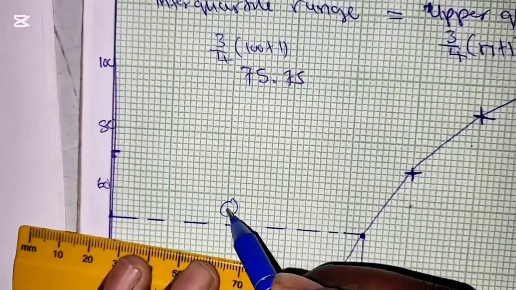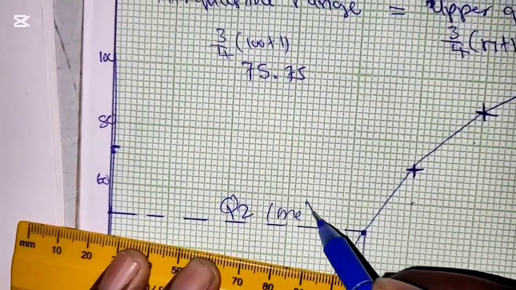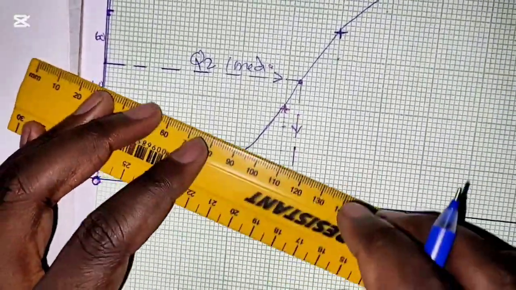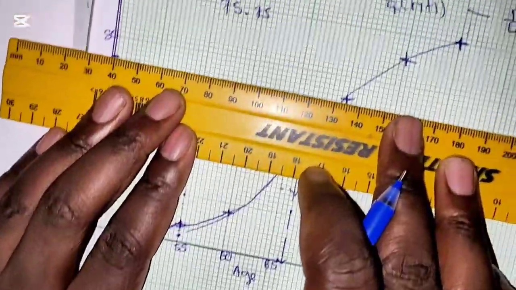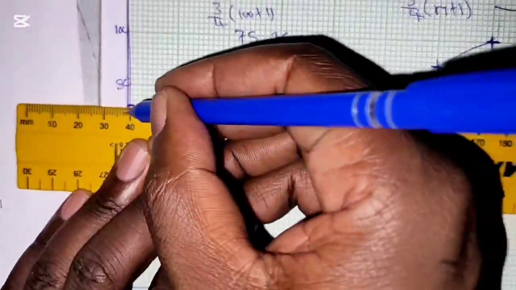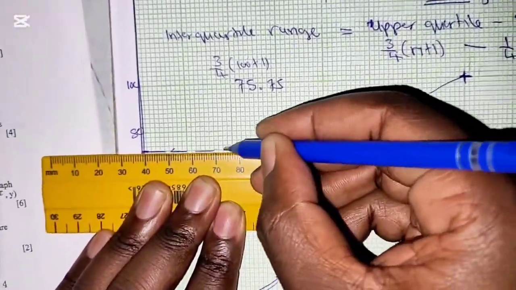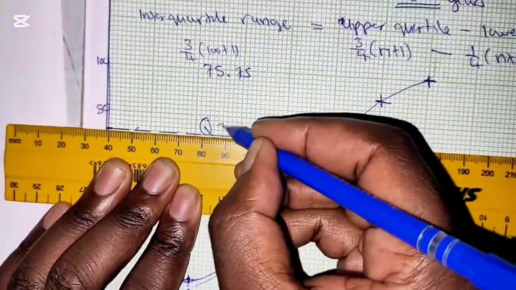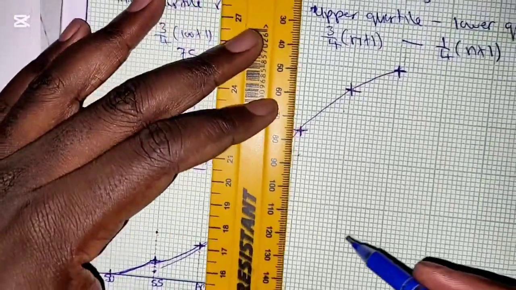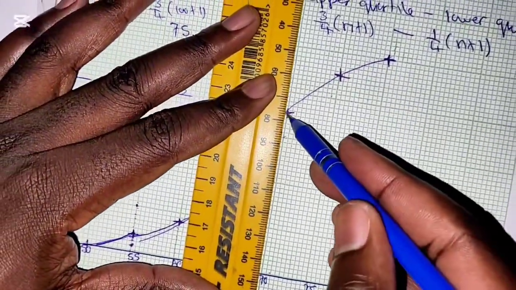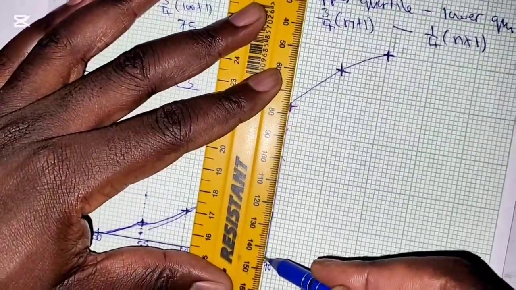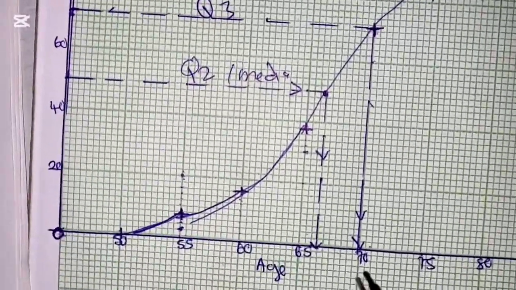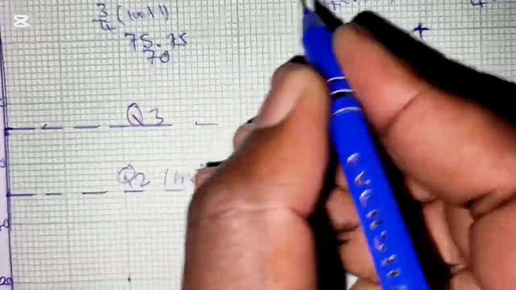This one is Q2, which is our median. So this one right here is Q3, the upper quartile. So we're going to come right over here, so our upper quartile is 70.